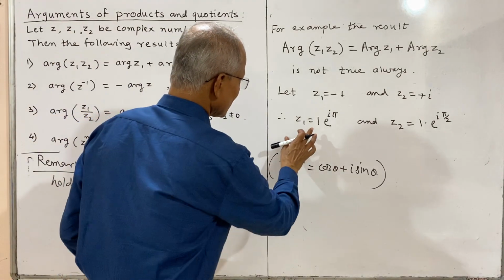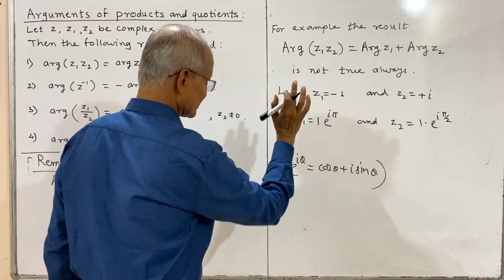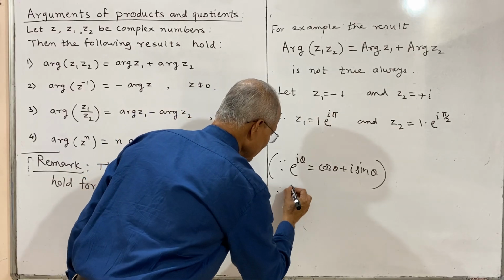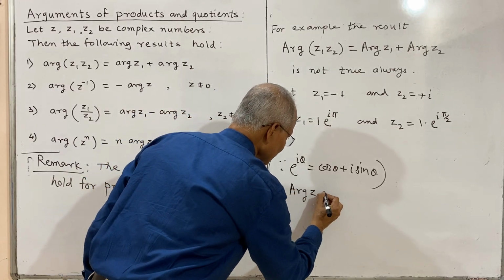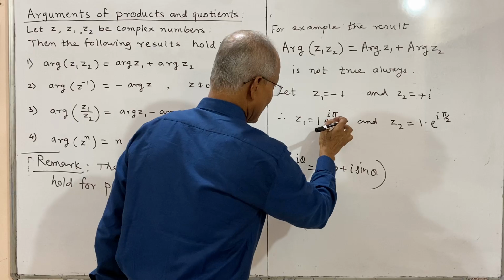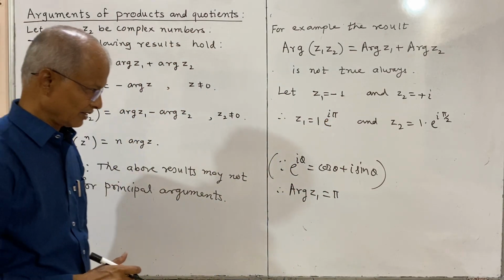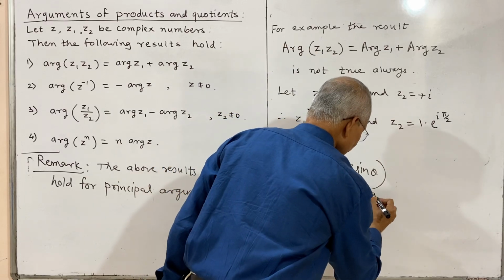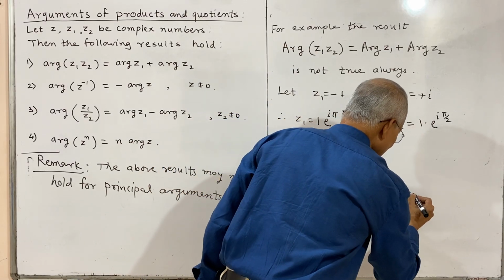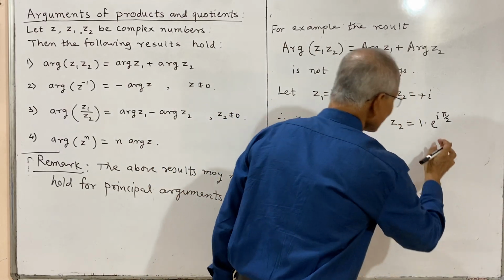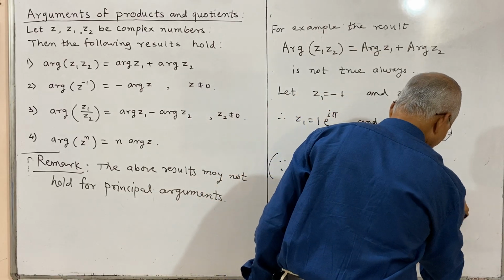What is the argument of z1? The principal argument of z1 is pi, which is within the range of principal argument. And the principal argument of z2 is pi by 2.